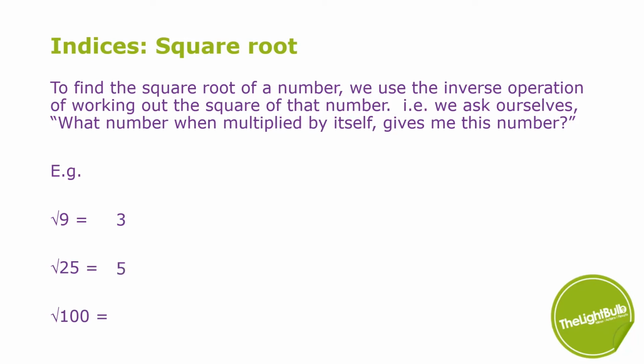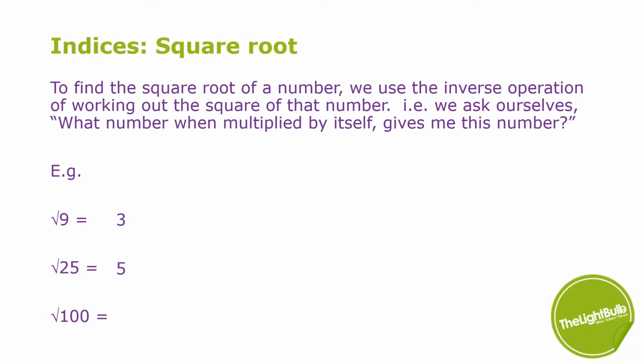Well, it's 5, because 5 times 5 gives us 25. And so the square root of 25 is 5. And you may remember that 5 squared gives us 25. And so there's that relationship there between the square root and the number itself squared.